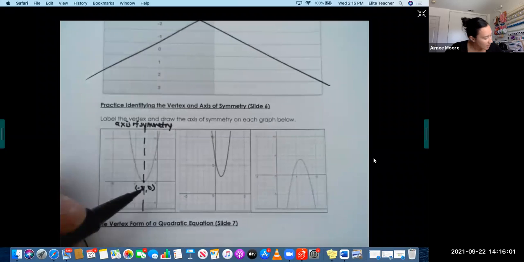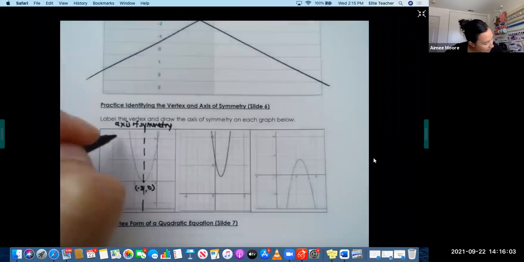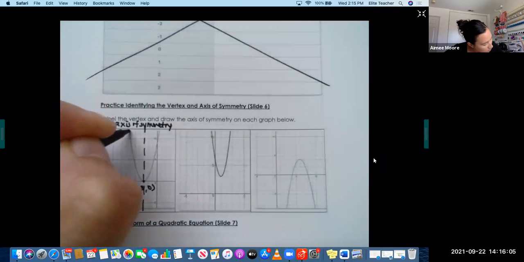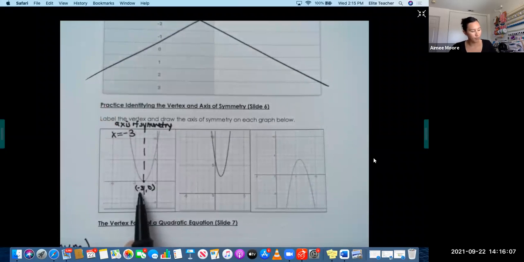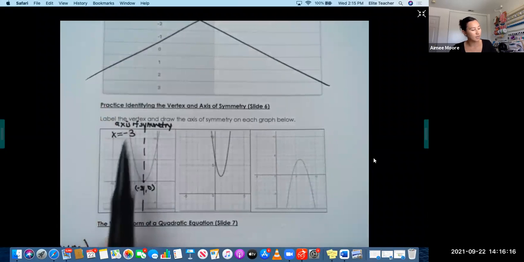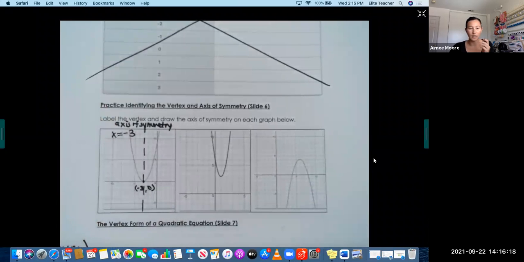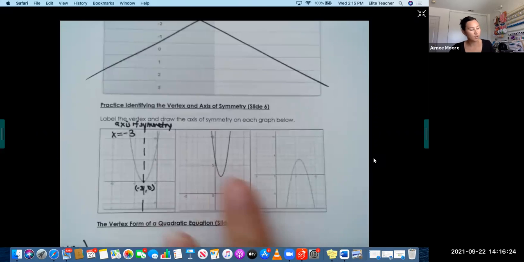And so this line right here, our axis of symmetry, is at x equals -3. See how that's the x value of our vertex. So your axis of symmetry is always at x equals whatever your x value is, or your h from the equation. Okay, go ahead and try these two, and then we'll go over them.